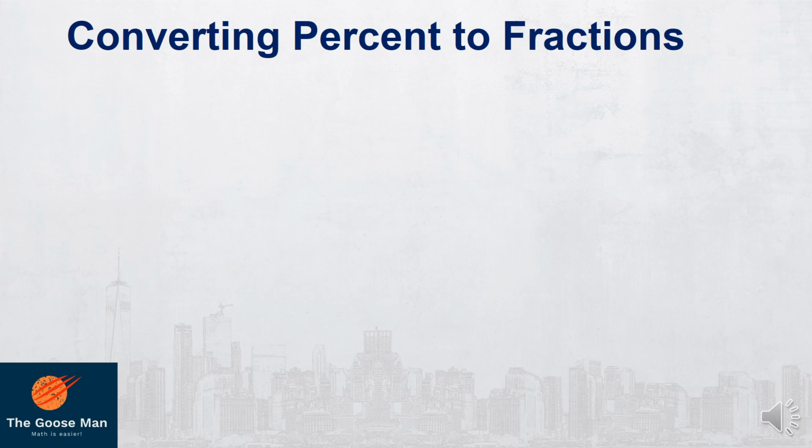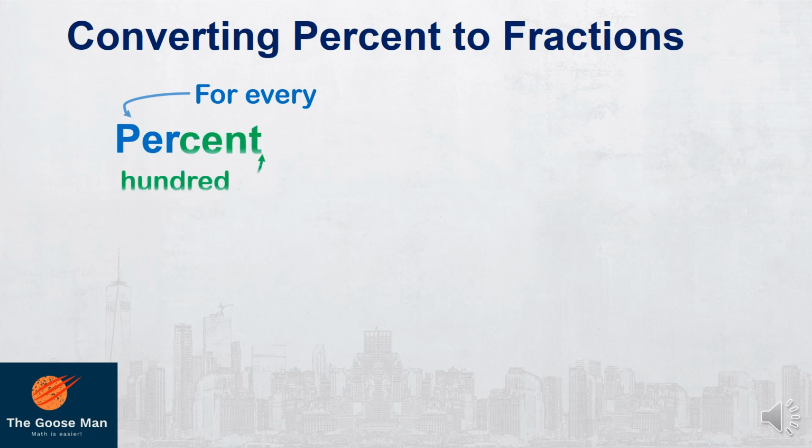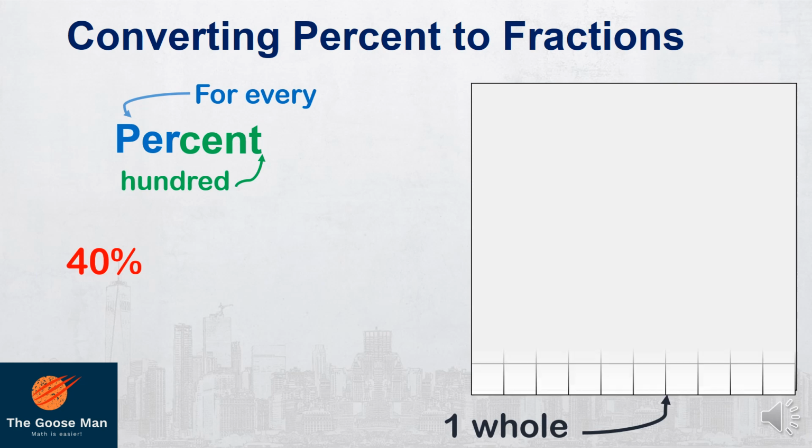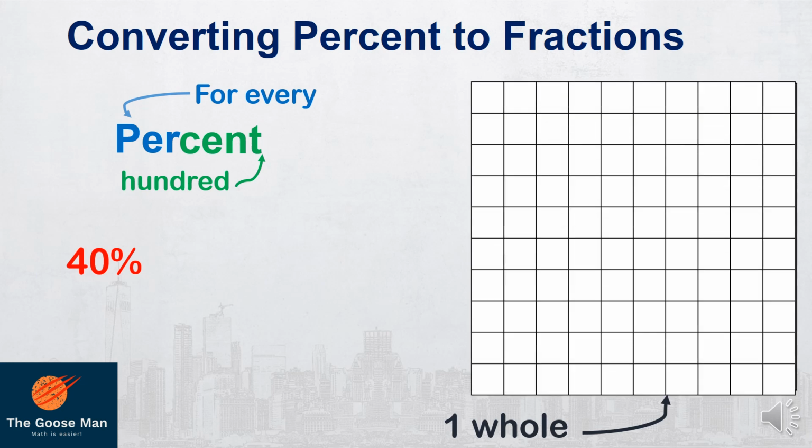Let's recall the word percent: per means every, and cent is 100. If we put them together, percent means over 100 or for every 100. Say for instance, I have 40%. If I have one whole and divide it into 100 equal parts, and I cover 40% or 40 out of 100.